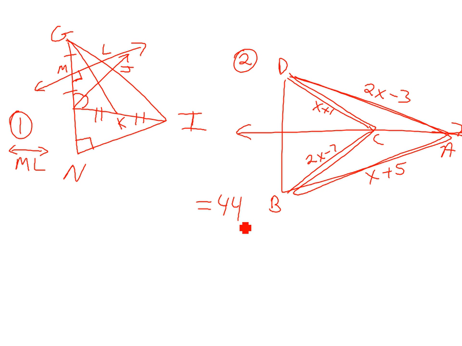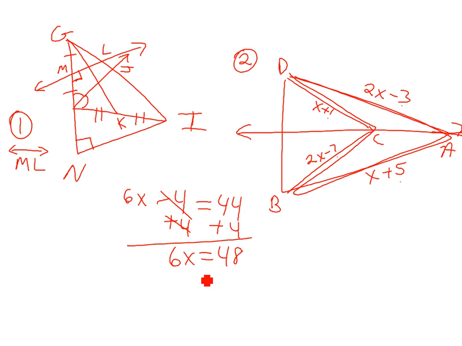How many x's do we have? 6 x's. And then we got 1 and negative 3. What's that give us? Negative 2 and 5. 3 and negative 7. Can we solve that? Add 4. Somebody be ready to divide for me. Divide 48 by 6, what do you get? 8. So we know that x is 8.